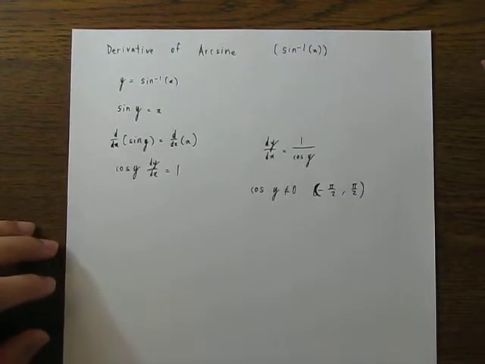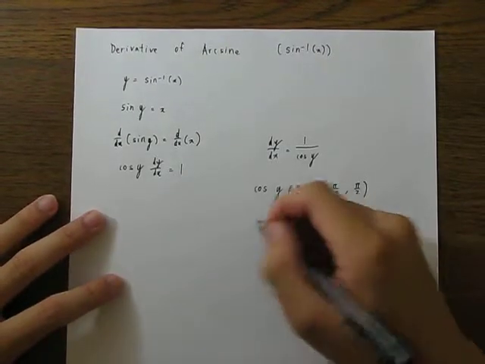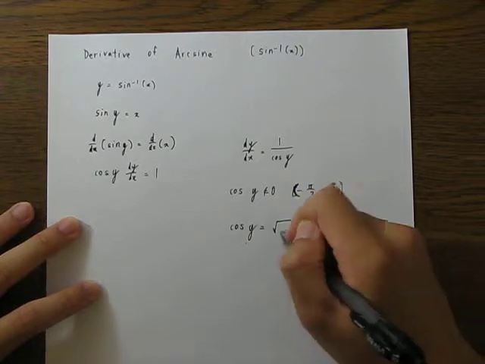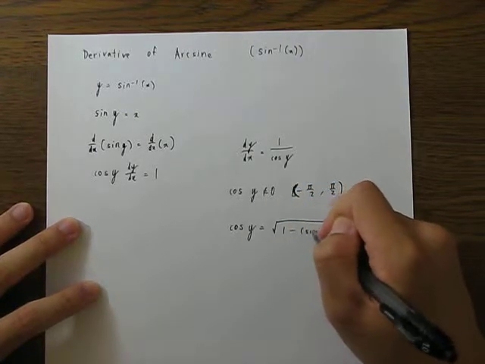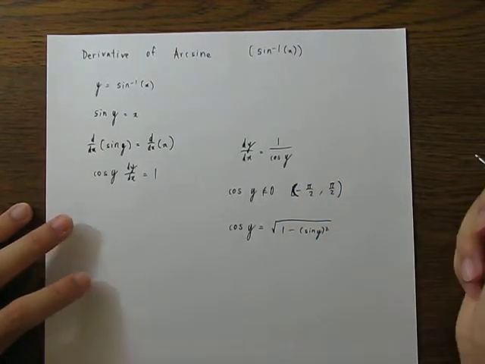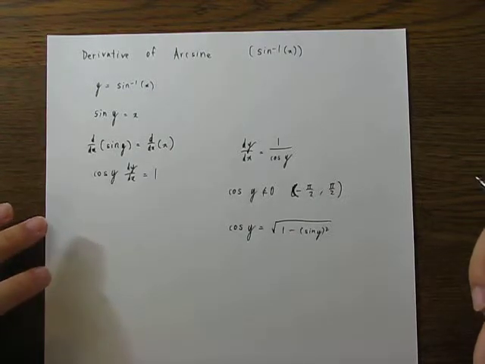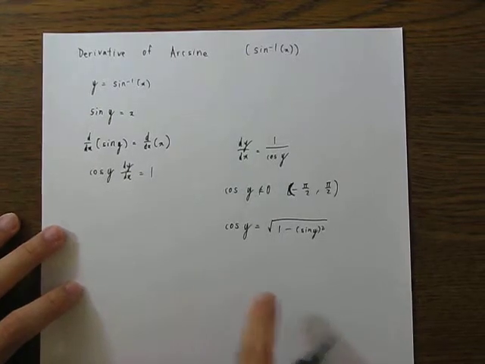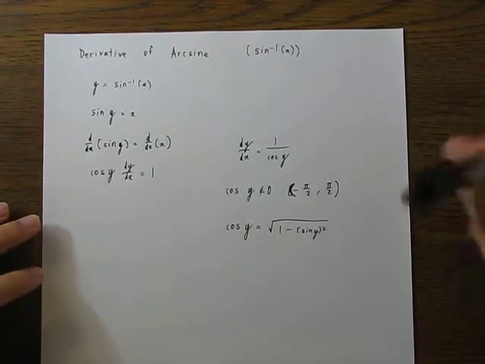So we can replace cosine of y with the square root of 1 minus sine y squared. And you're going to know this because you know that sine squared of y plus cosine squared of y equals 1. So you first move the sine squared y over to the other side, and then you take the square root.